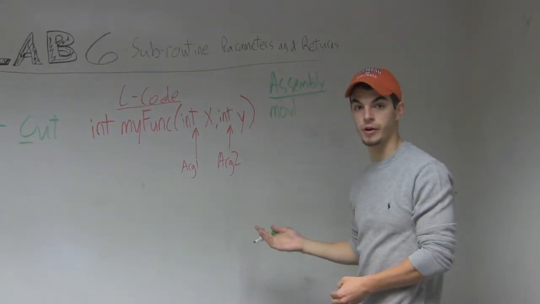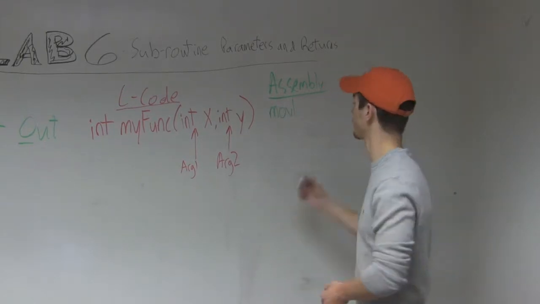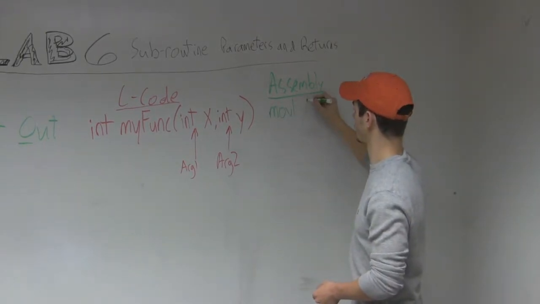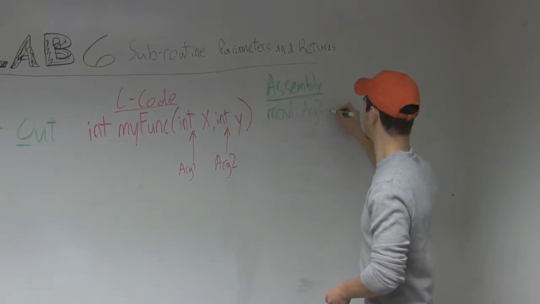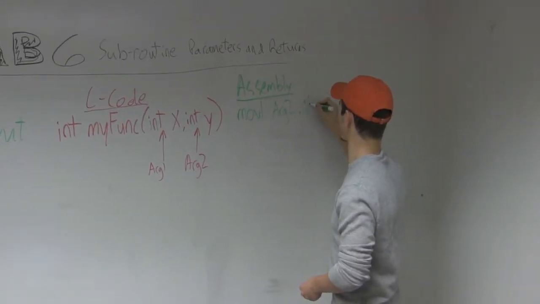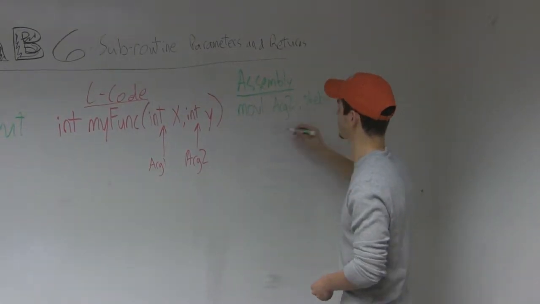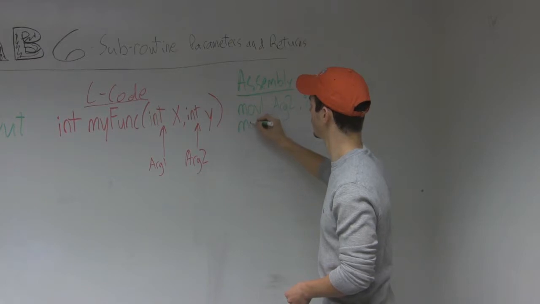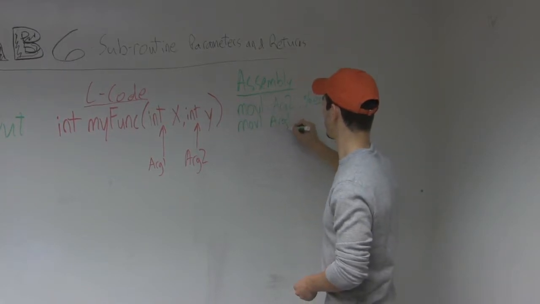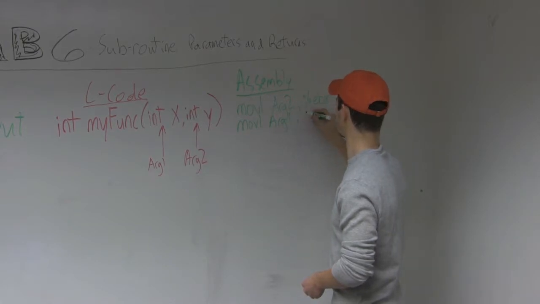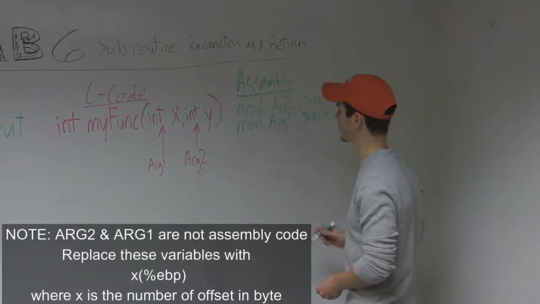This is simply to illustrate the reverse order point of how you pass in your parameters. So just say any R2, whatever it may be, into one of your registers. Let's pass this one into the B register. Then you pass the first argument. We'll put that in the C register.